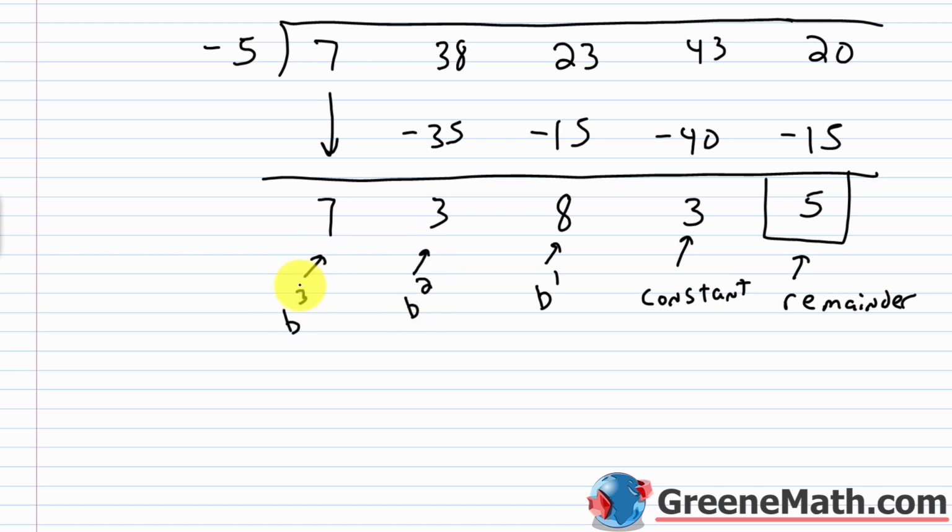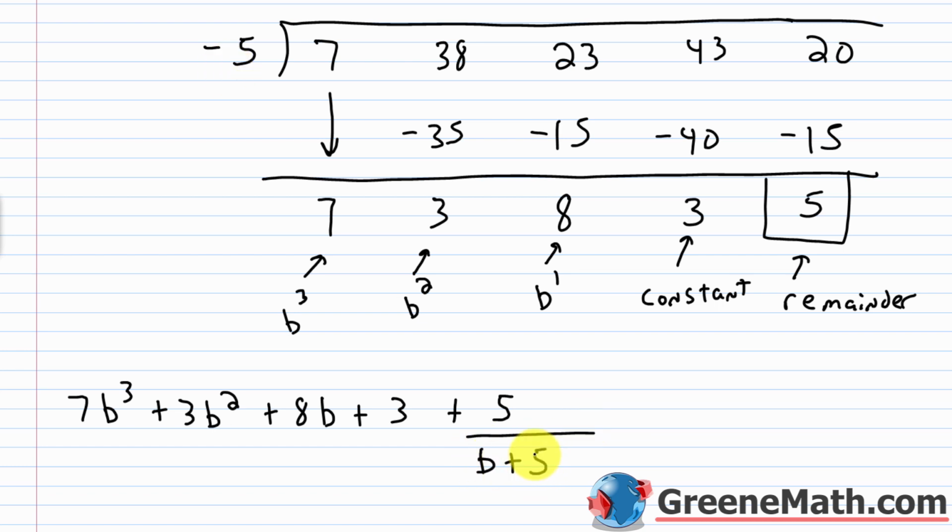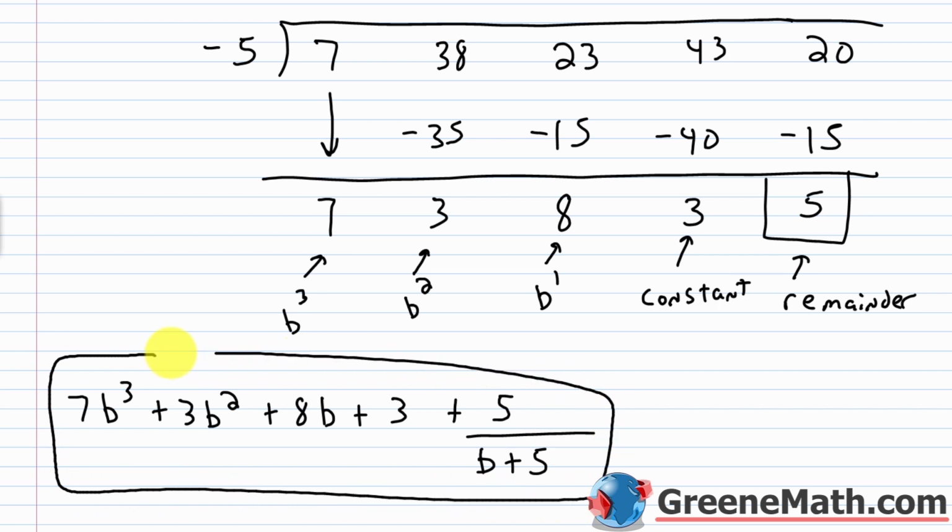So if I wanted to write my answer, I could say it's 7b cubed plus 3b squared plus 8b plus my constant, which is 3, plus 5, my remainder, over the divisor here was b plus 5. So b plus 5. All right, so this is my answer. Again, one more time, it's 7b cubed plus 3b squared plus 8b plus 3 plus 5 over b plus 5, that divisor.